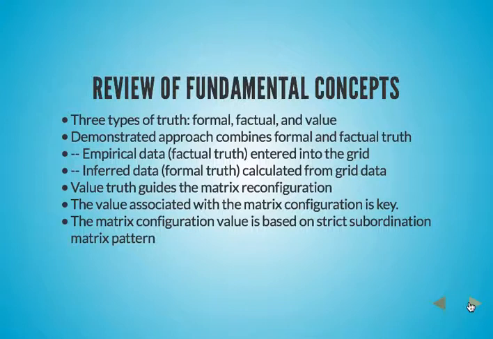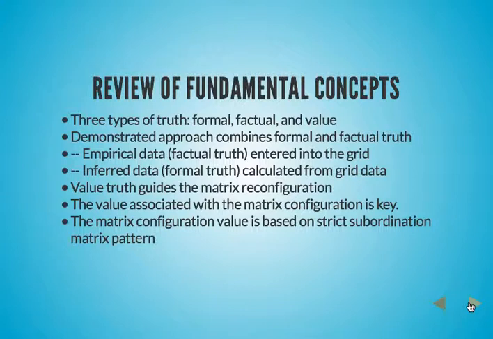Value truth guides the matrix reconfiguration. This is something the user does, but we know that we want a final configuration of the matrix where we have all the ones in the lower triangular portion of the matrix. That's the value proposition, or the most valuable configuration.